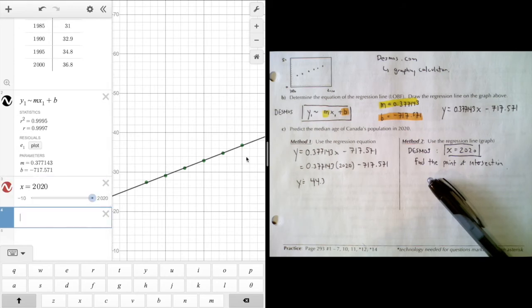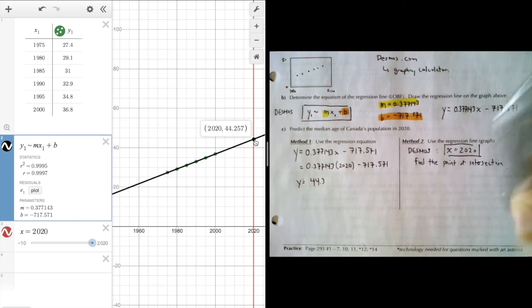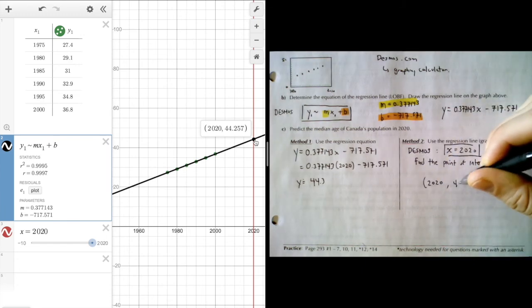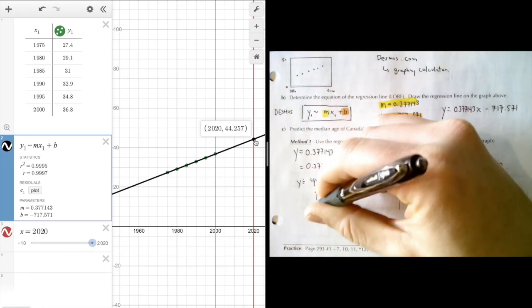Enter. And we don't see anything, so we zoom out a little bit. There's our line for 2020. It's like doing extrapolation. And we click. And there we go. We get 2020 is 44.257. And this is a rounded exact solution, and this method would be approximate.